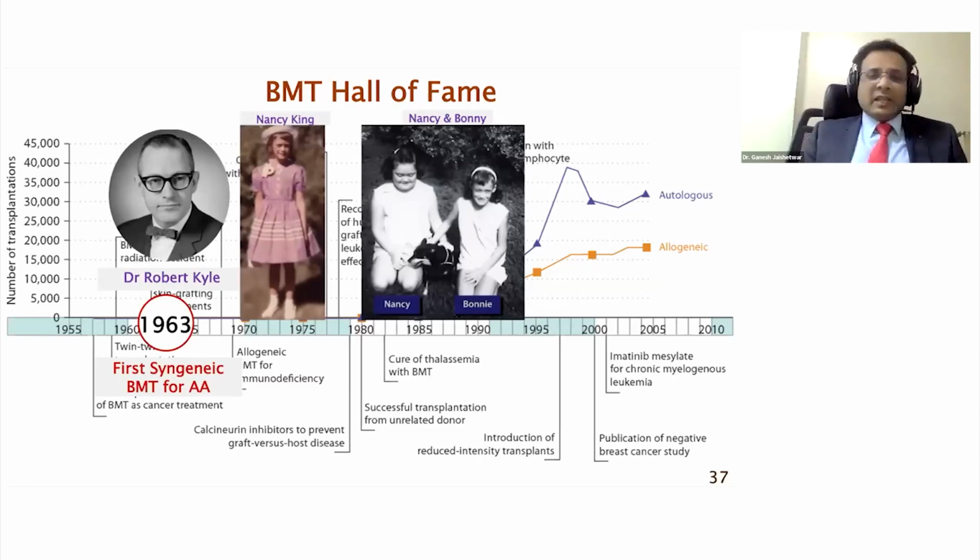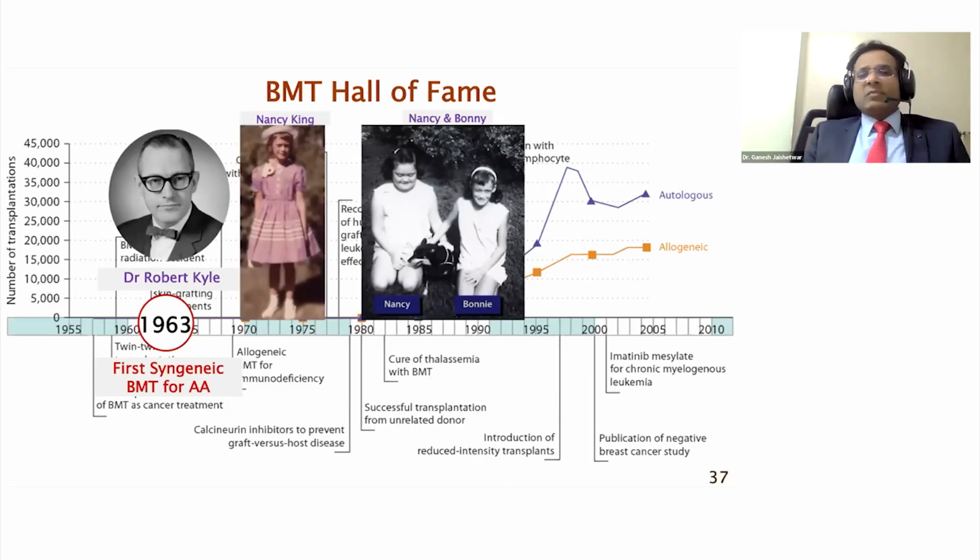So skin grafts from Nancy's and Bonnie's legs were transplanted onto each other respectively, and since the skin grafts survived, it was assumed that they were HLA matched, or genotypically matched. Even the HLA nomenclature was not yet established at that time.